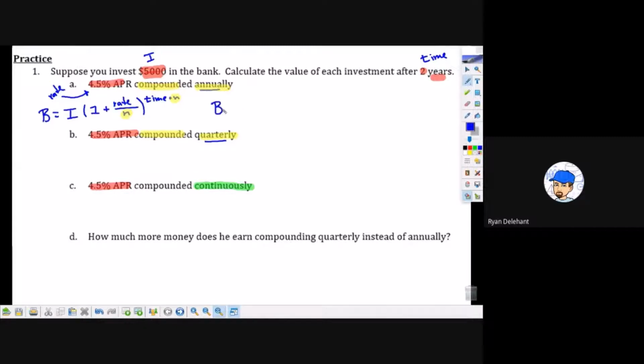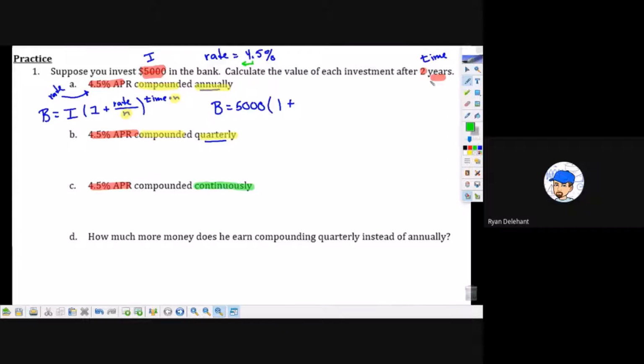So balance is going to equal the initial, so we'll put 5,000, times 1 plus the rate. Now here, we're given a rate of 4.5%. We can't do math with percentages. Percentages are another representation of what is really a decimal. What we need to remember is that we've got to take this decimal point and move it to the left 2 places.